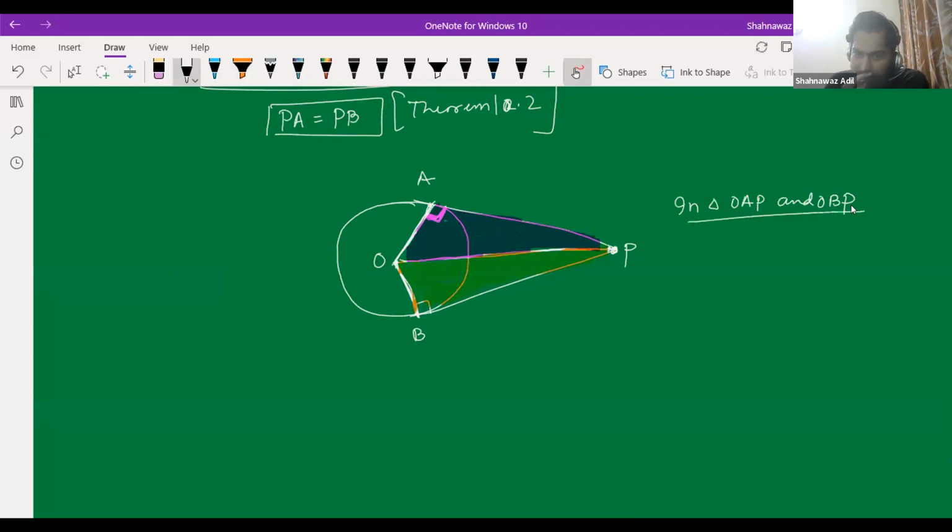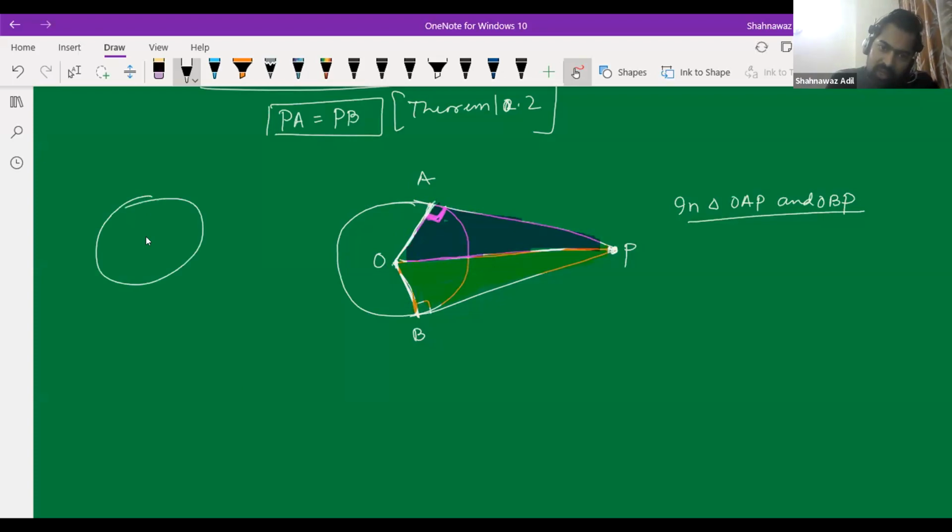What do we have? What are OA and OB? They are perpendicular to the tangents, but from the circle, if you connect the center to a point on the circle, what is that?